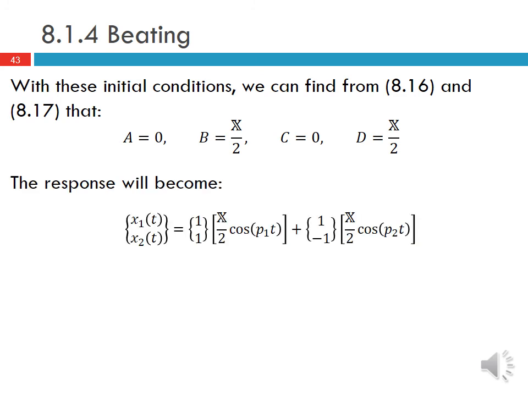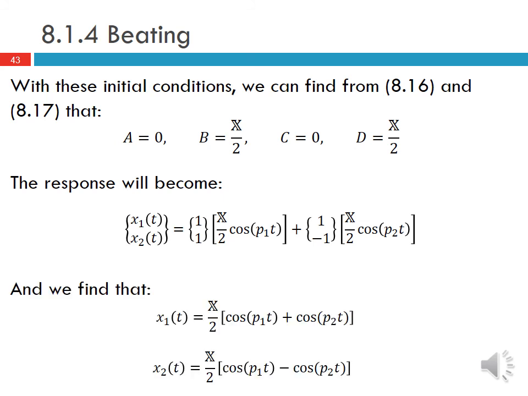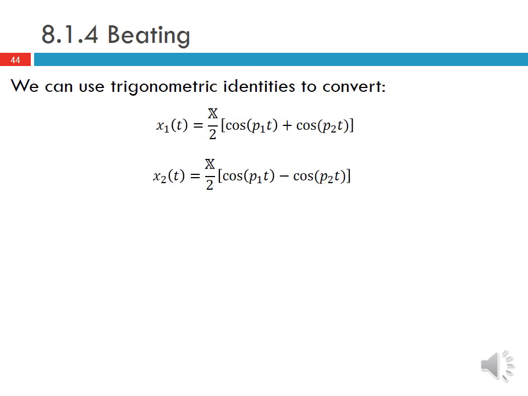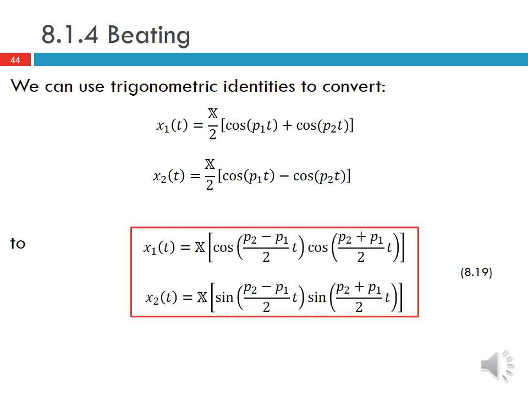So the response will become this expression here, and so the response of each of the masses is given as shown here. The response of the first one is x over 2 times cosine p1 t plus cosine p2 t, and the response of the second is x over 2 times cosine p1 t minus cosine p2 t. We can use trig identities to convert these to these expressions, and this is valid for any p1 and p2.